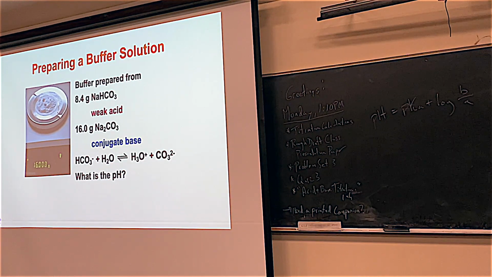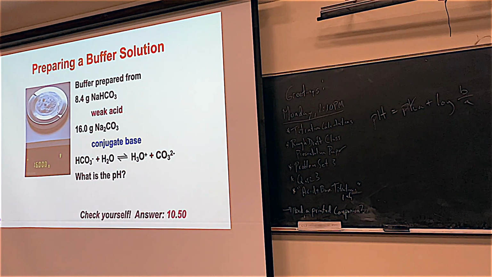They're conjugates of each other. I would turn both of these grams into moles. Moles of the carbonate on top divided by moles of the acid on the bottom. No reason to worry about volume because that's the nice thing about HH. I would look up the Ka for the hydrogen carbonate ion in problem set 2 or 3, turn it into pKa.